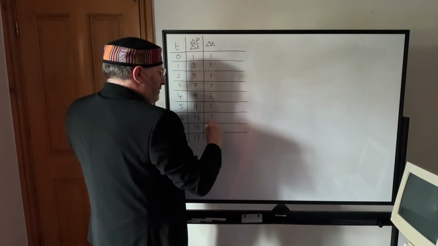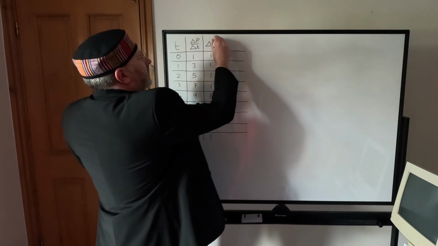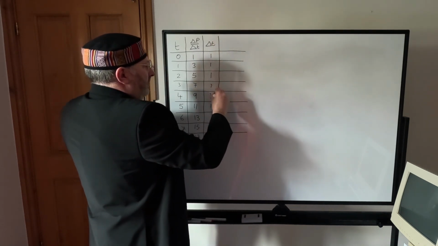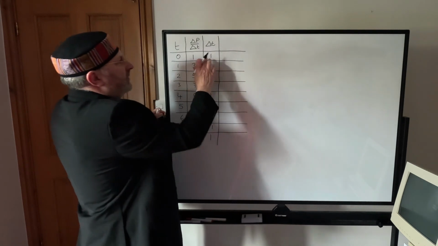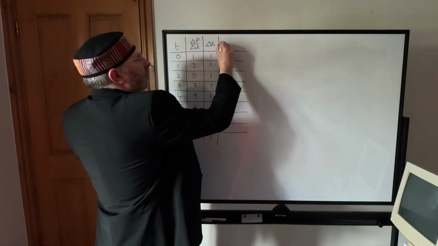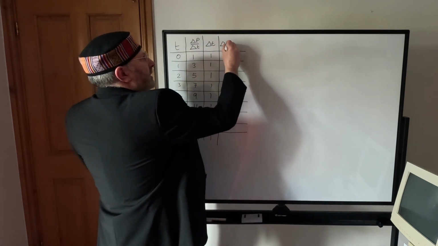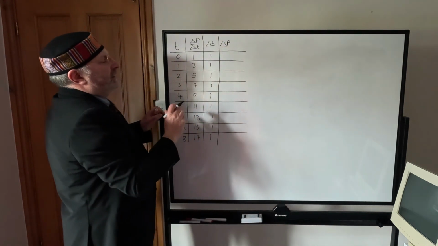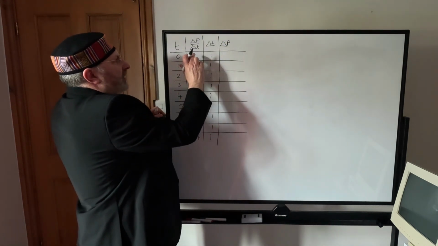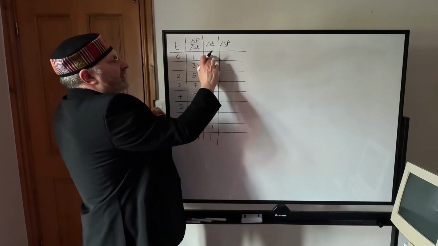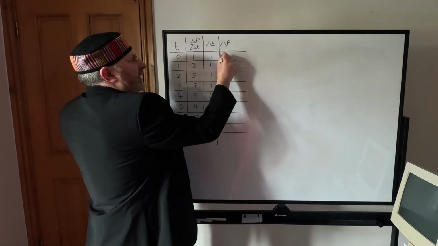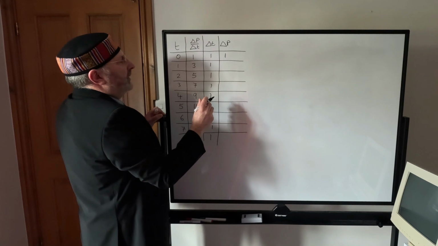It's just 1 all the way down because of the way I've constructed the table. So given the time steps, we can now work out what the change in population was at each time step. If the rate of change was 1 and the time step was 1, then it's 1 times 1, so the change in population was 1.